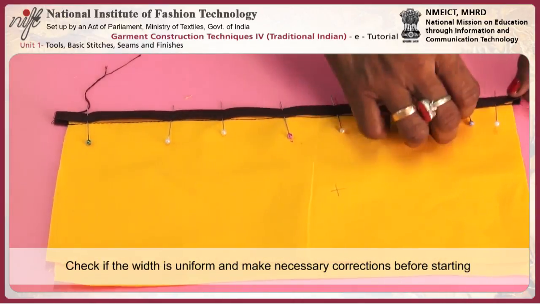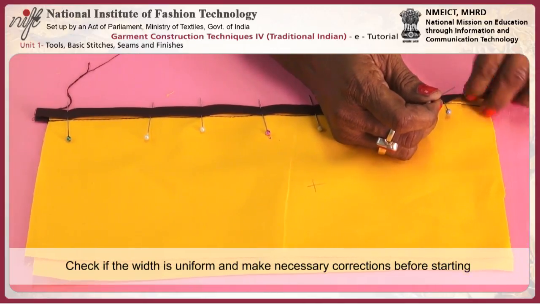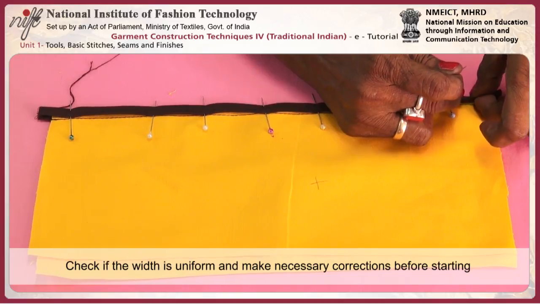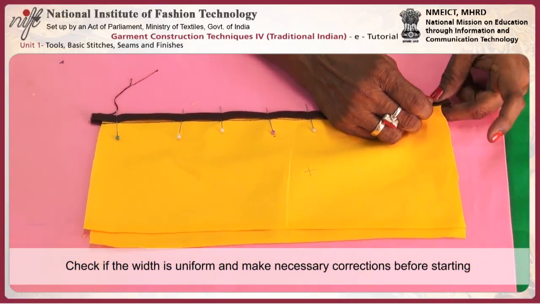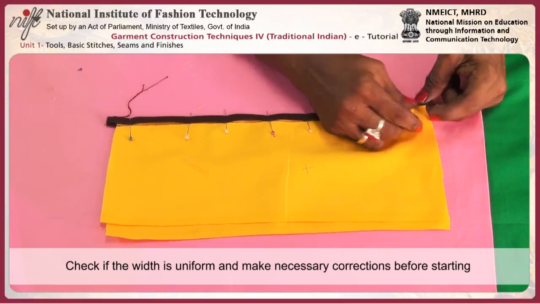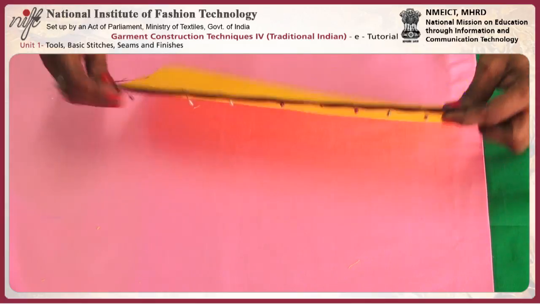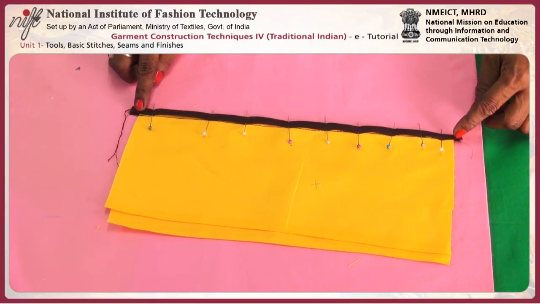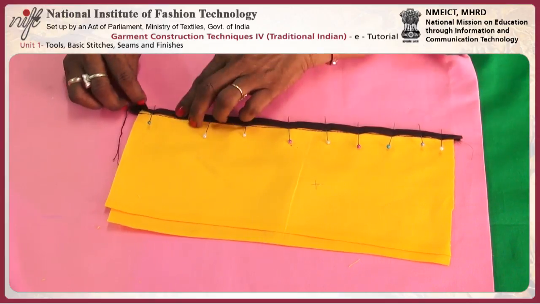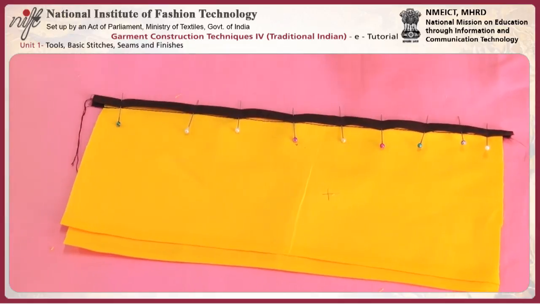You have to do the correction then and there, before starting. So position and check with the wrong side also with the same width, and the right side is also with the same width. Now we have to start doing the stitch to fix the second fold to the previous stitch.